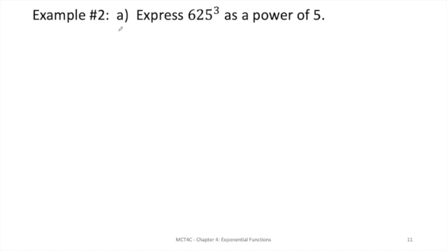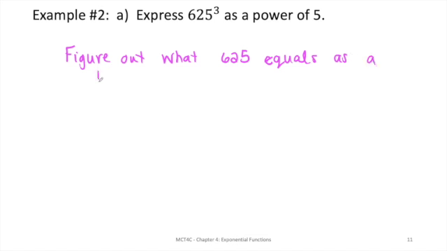Example 2a here, we're going to express 625 to the exponent 3 as a power of 5. So what you're asking yourself is to figure out what 625 equals as a base of 5, to begin.